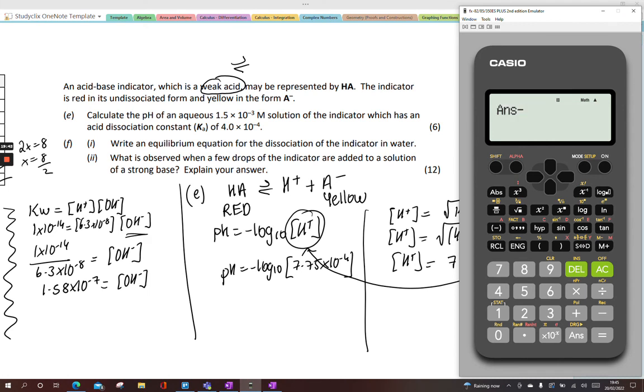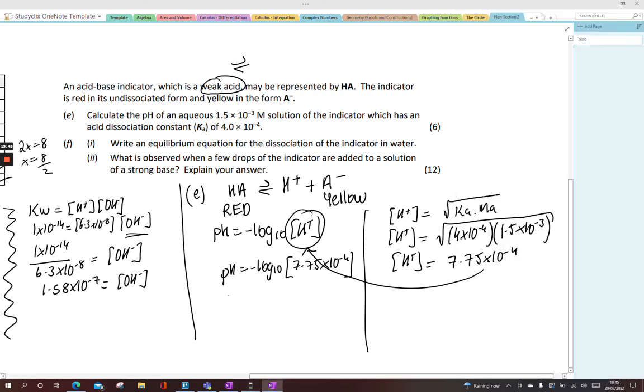Remember, once you press the minus, you've got to delete both of those. Minus log answer, 3.11 is my pH, and that seems more the story there. It's below 7 and not at the lower end of the scale.